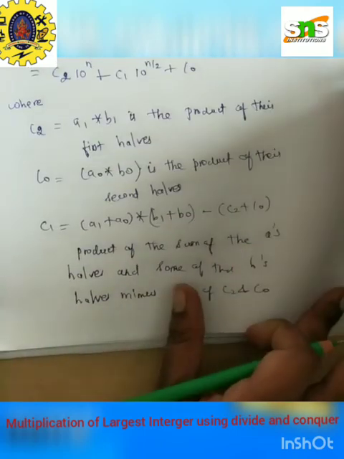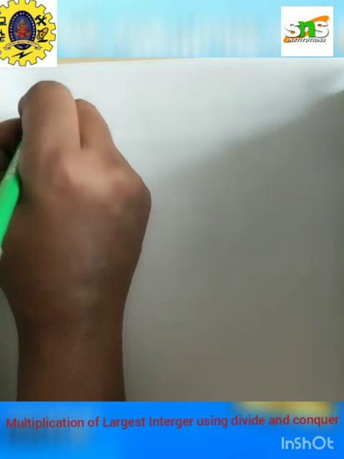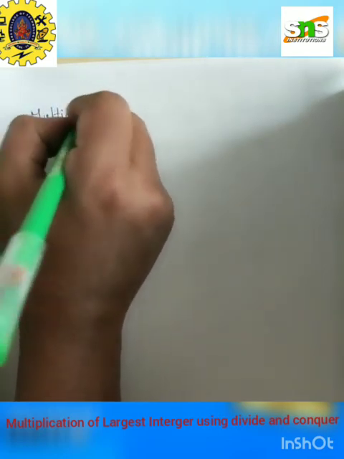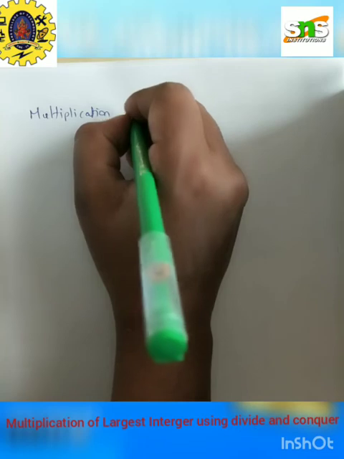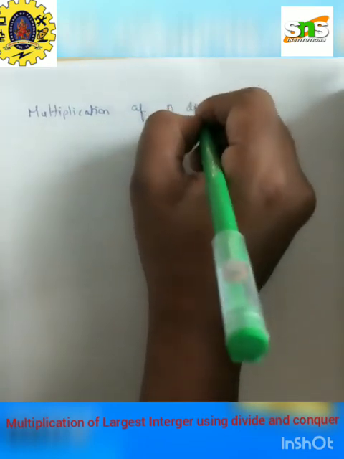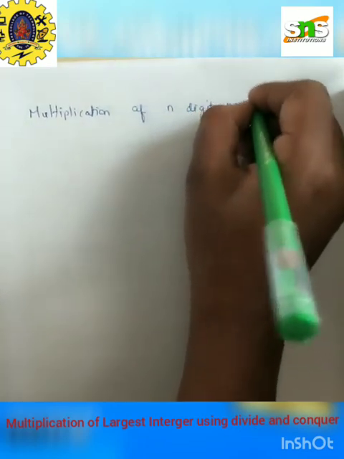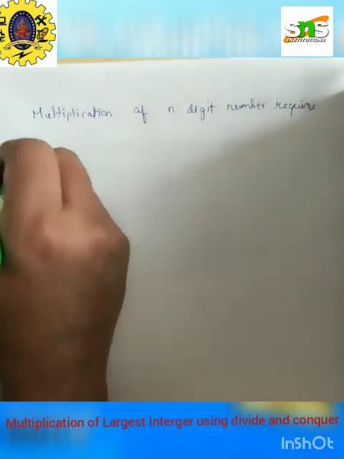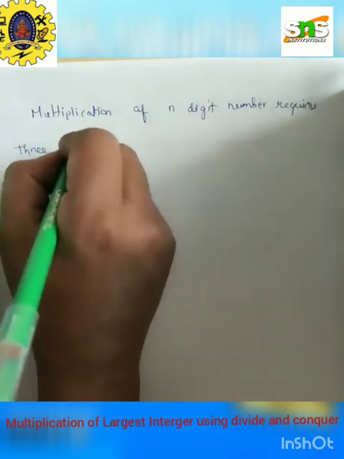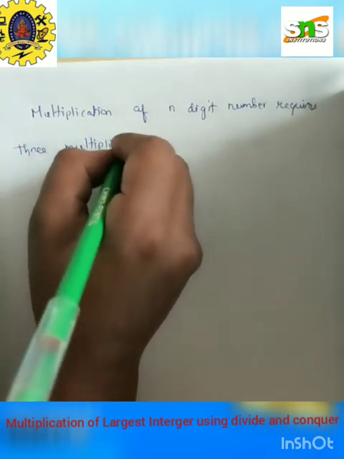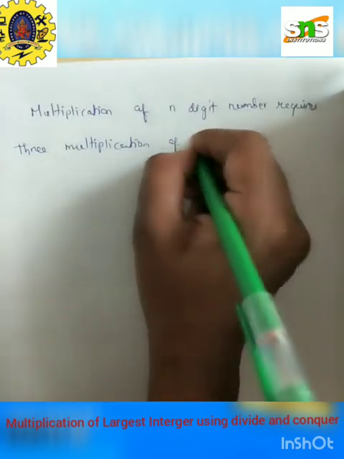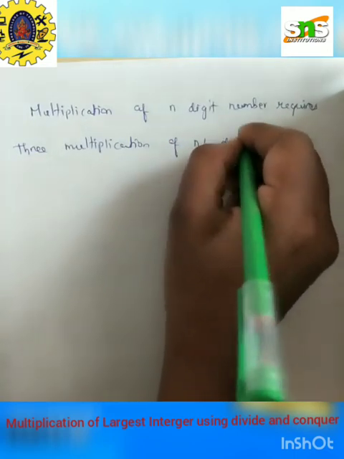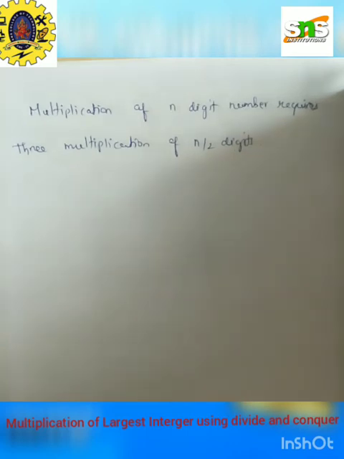Okay, so the next step is to form a recurrence relation for this one. Multiplication of an n digit number requires 3 multiplications of n by 2 digits.